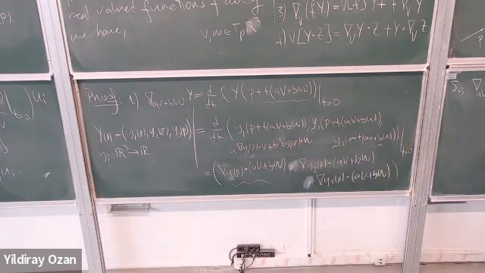So let me write that one. A times the gradient of y1 at P dot V plus B times the gradient of y1 at P dot W, and the same thing for the other two components.